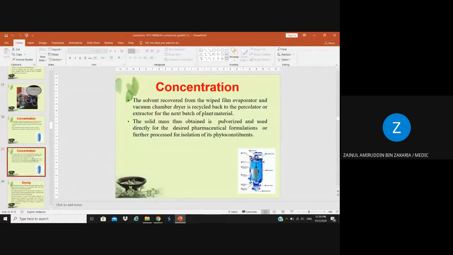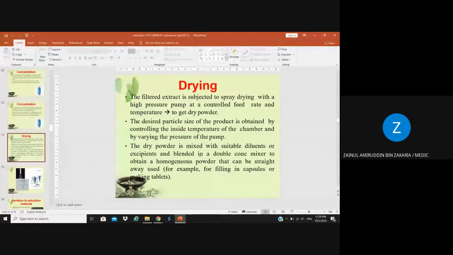So this is just for you to read. Drying, you need to use a freeze dryer or rotary evaporator.